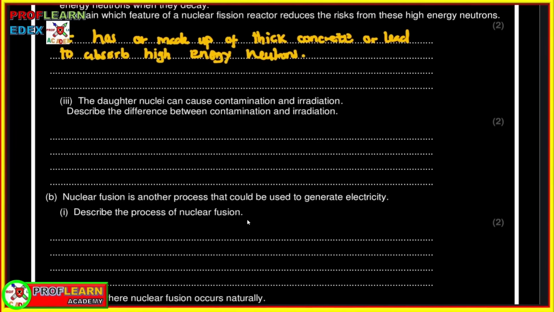The daughter nuclei can cause contamination and irradiation. So if you are told to describe the difference between contamination and irradiation, you need to understand these two concepts. Let me use an example.